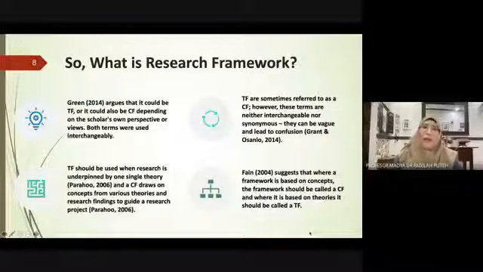When I presented papers overseas and in Malaysia, I clearly explained why I use the term research framework, and no further question was asked regarding this. So, ladies and gentlemen, participants of this webinar, it is up to you whether to use the term theoretical framework or conceptual framework.